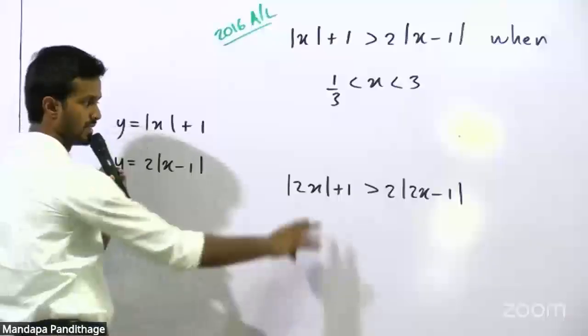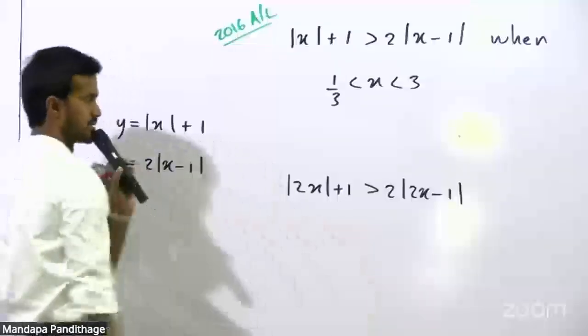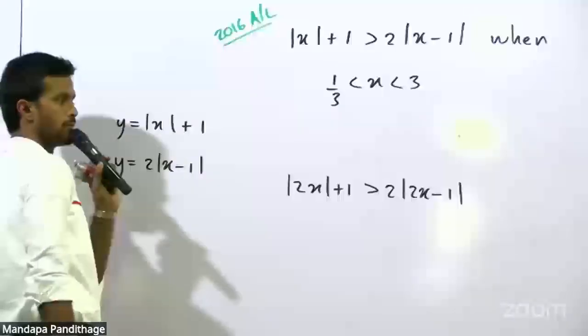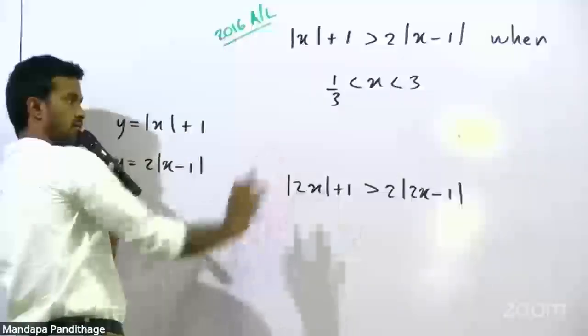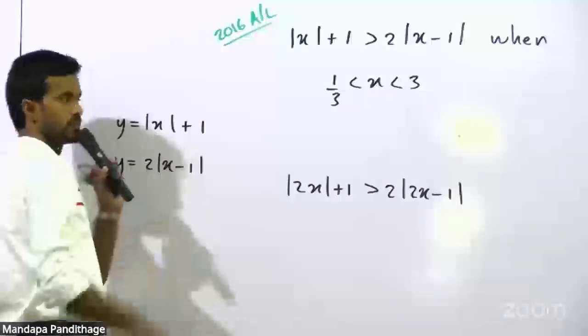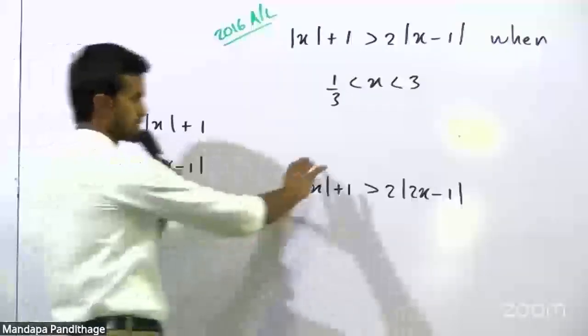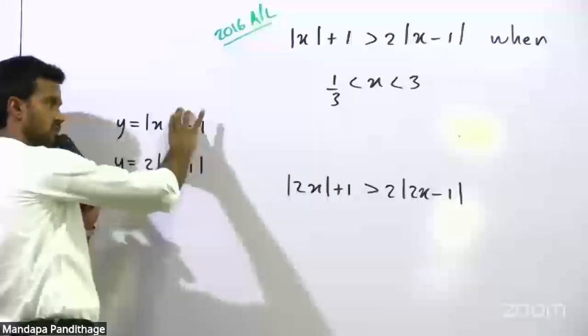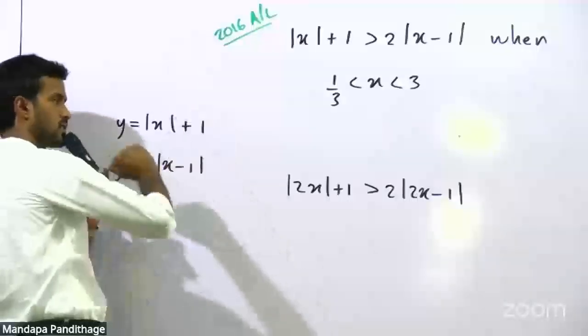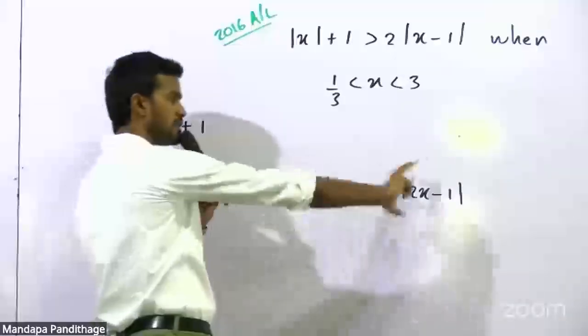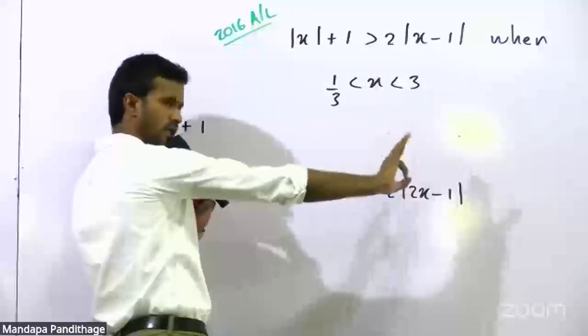But the thing is, it's a bit different. It's clear it's a bit different from the modulus functions that you have sketched. So for this purpose, we need a substitute. So what we do here, let's say that after sketching these two graphs, you are supposed to solve this inequality. So what do I do?